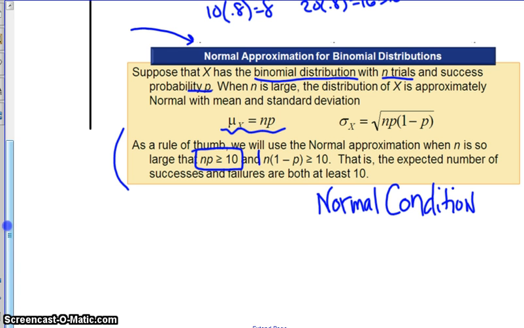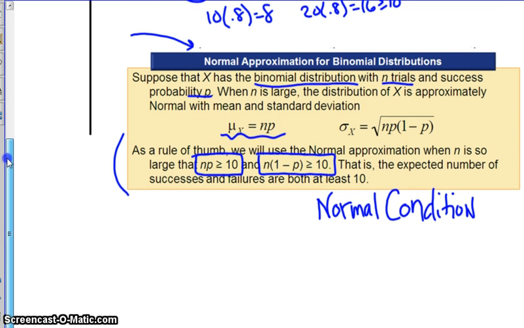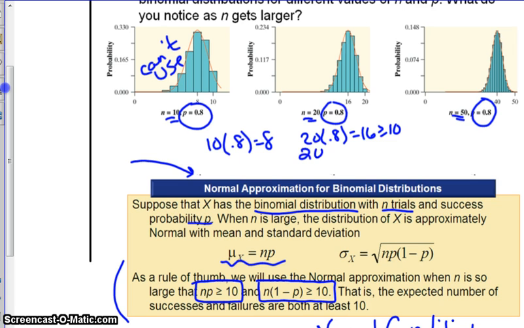But then also we have to check this, n times 1 minus p, or n times probability of failure. So 20 times 0.2, I'm sorry, not 0.4, is 4, which is not greater than 10, so I couldn't use it here.